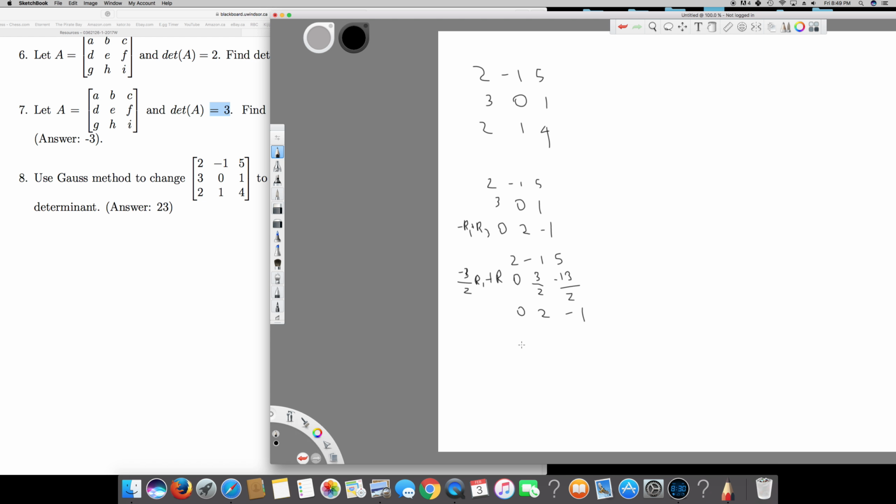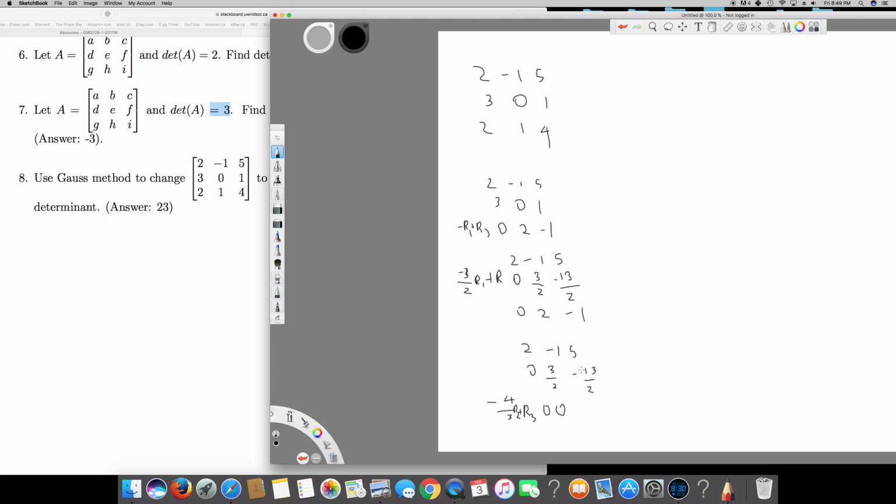So 2 minus 1 5 and 0 3 by 2 minus 13 over 2, and minus 4 by 3 times R2 plus R3.